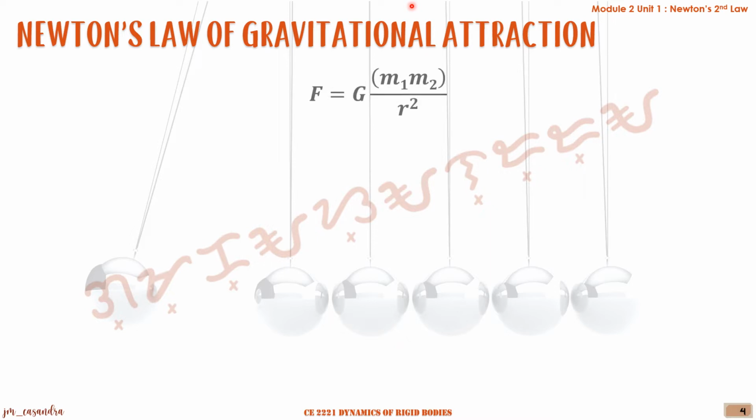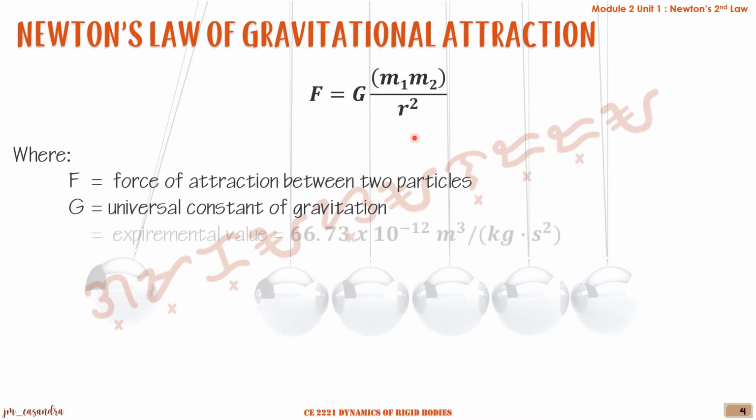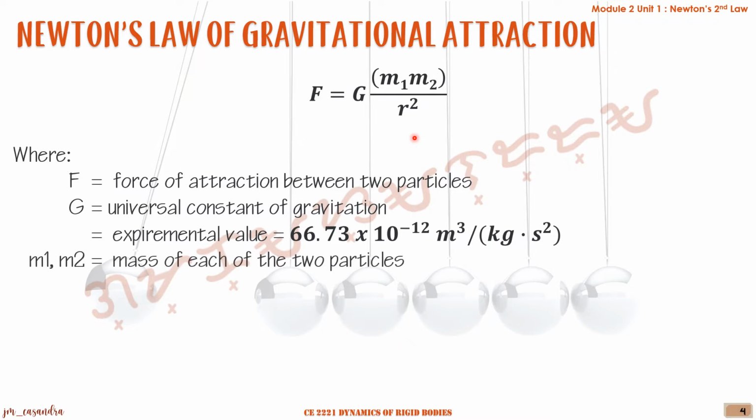In Newton's law of gravitational attraction, we are given the equation F is equal to G times the product of the masses of two particles divided by r squared, wherein F is the force between the two particles, G is a universal constant of gravitation, an experimental value of 66.73 times 10 raised to negative 12, in meters cubed per kilogram second squared. And then we have m1 and m2, which are the masses of each of the two particles, and r, which is the distance between the centers of the two particles.